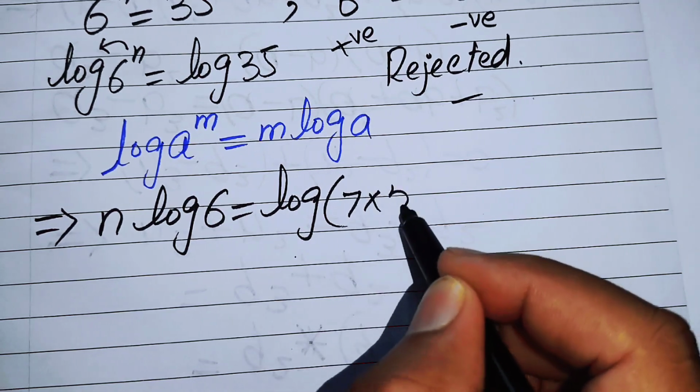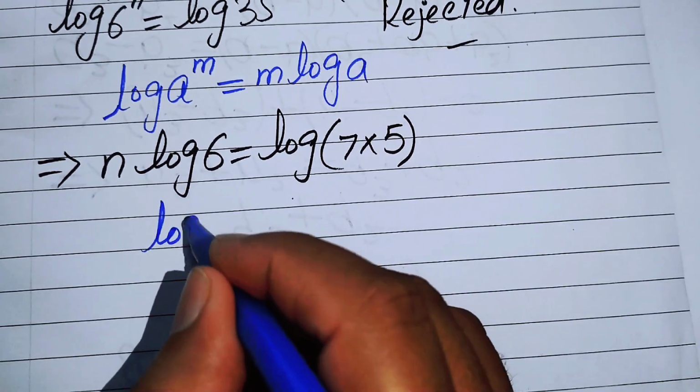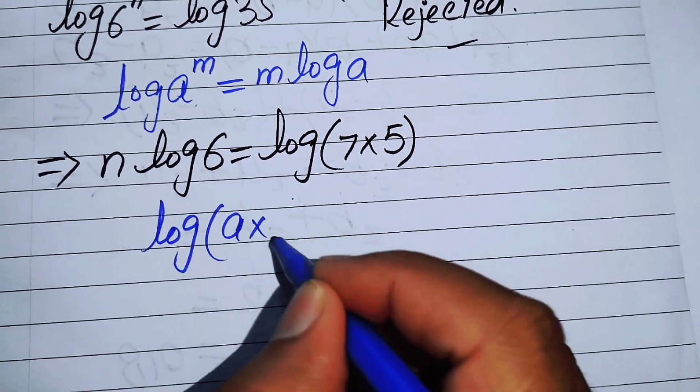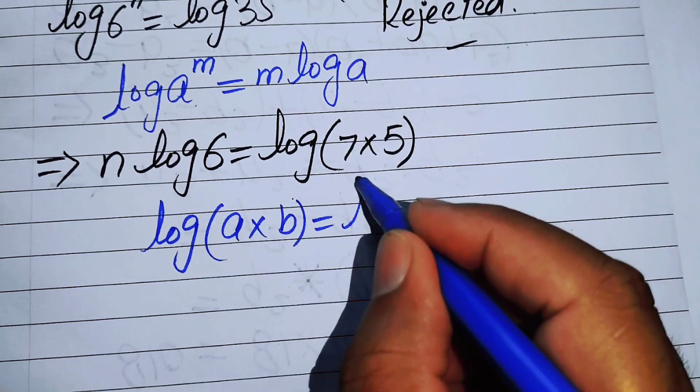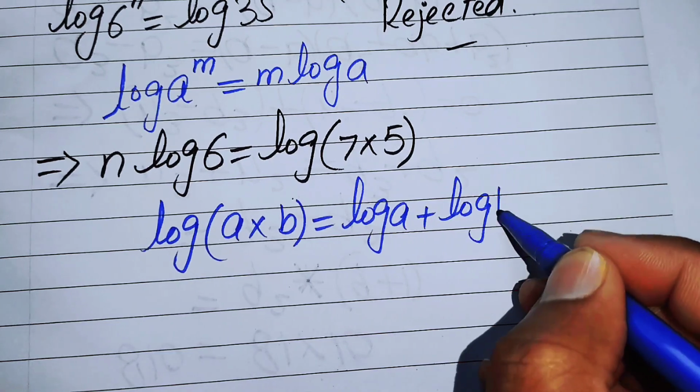7 times 5. And now we can use another property of log. You know about this one. If we have log of a times b, it is equal to log of a plus log of b.